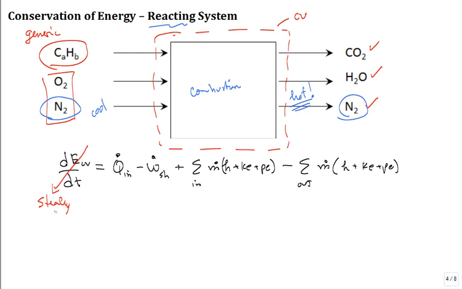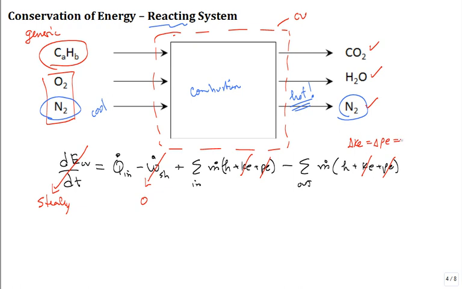All right, any shaft work? Well, you could, but most of the time it's zero. Okay. Well, what about kinetic and potential energy? Often they're negligible. So changes in kinetic and changes in potential energy are negligible.